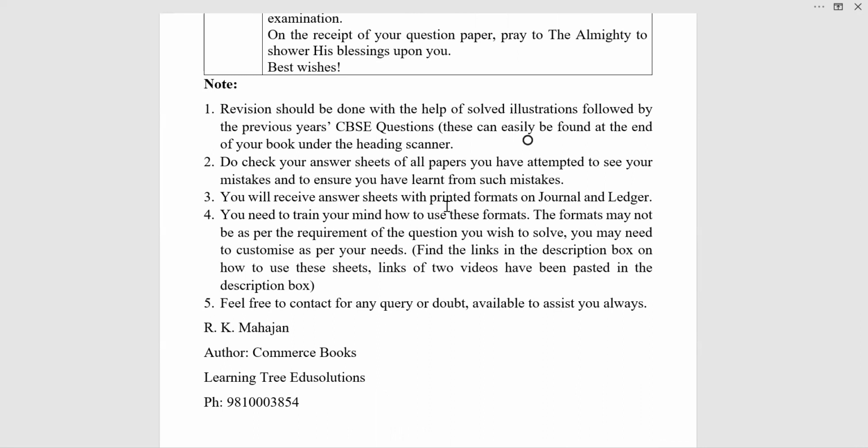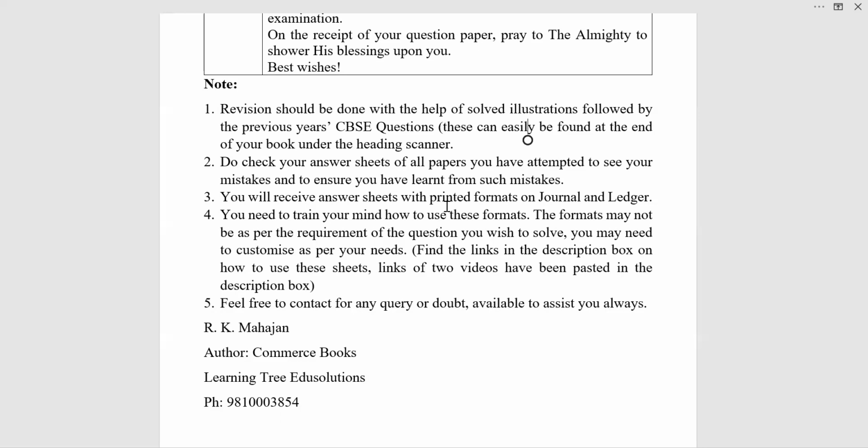Or if you have any other book for CBSE questions, you should do that too. After solving the illustrations from every chapter, you should practice the same chapter on the basis of your CBSE previous questions.